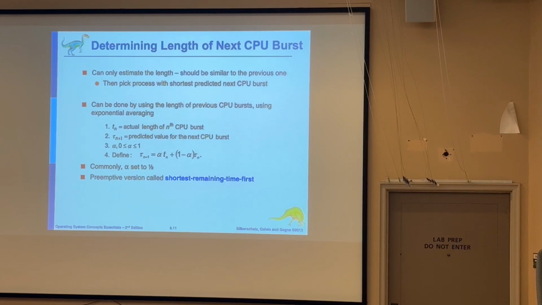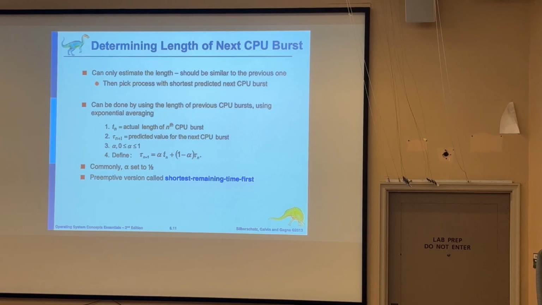In this case, Tn is the actual length of the nth CPU burst. Tau n plus 1 is the predicted value for the next CPU burst. Sorry, there's an error there. This is not tau n equal 1. This is tau n plus 1.